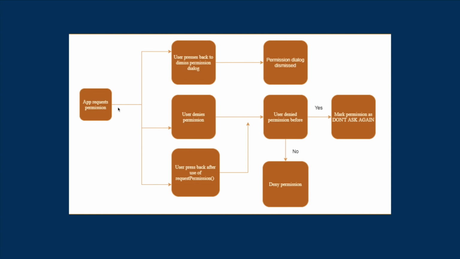If the user denies permission, or the user presses the back button after use of the request permission method, in both cases there are two possibilities. If the user denied the permission before, then that permission is marked as don't ask again. If the user has not denied this permission previously, then that will be a first-time denial of the permission. I'm hoping that this diagram is clear and you will be able to understand all the areas of permission dialog visibility by looking at this diagram.